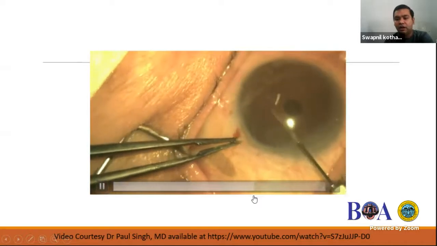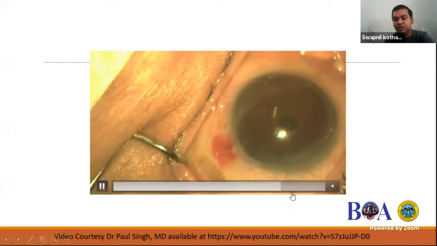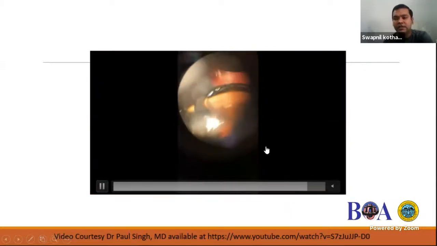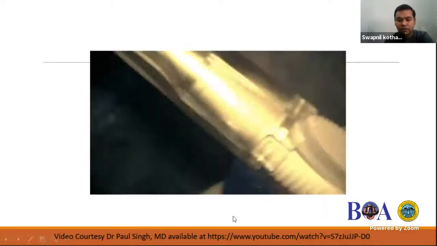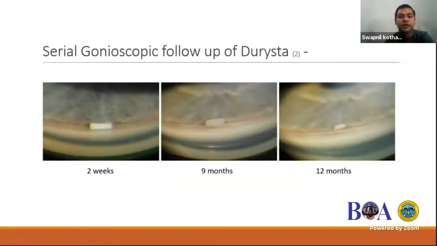We can see the implant resting here, and you ask the patient to sit up for about an hour, and the implant is going to go and sit in the inferior iridocorneal angle. These are the serial gonioscopic follow-ups of Durysta, in which you can see the Durysta sitting at 2 weeks at the inferior iridocorneal angle, and by 12 months it has reduced by about 80% of its size.